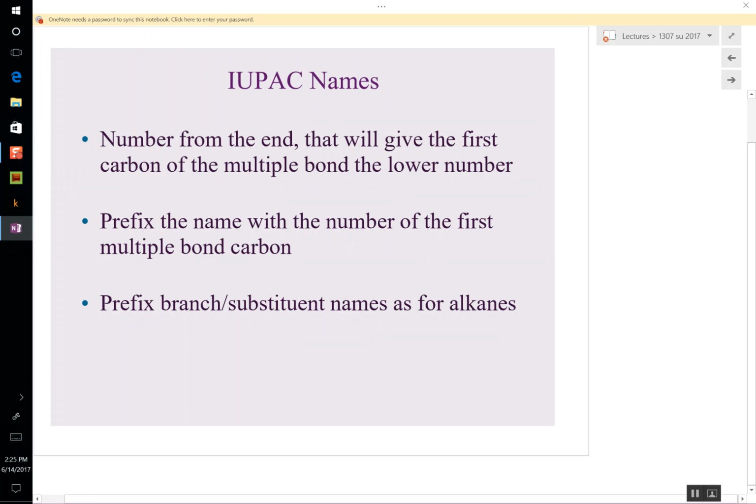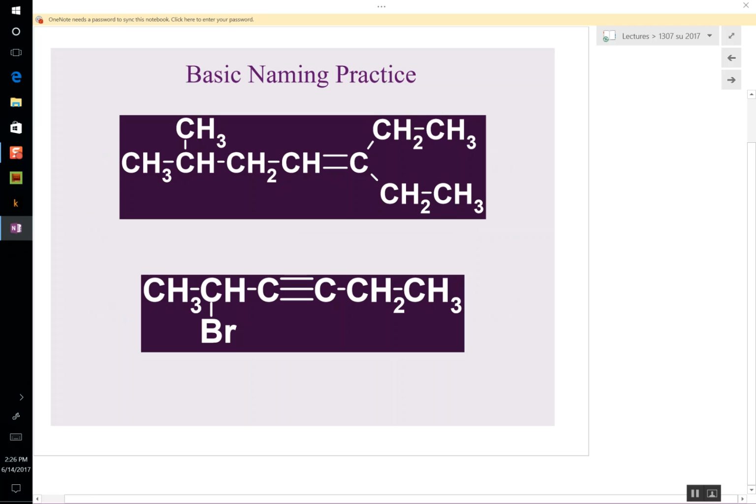IUPAC names. Number from the end that will give the first carbon of the multiple bond the lower number. Prefix the name with the number of the first multiple bond carbon. Example. Okay, rule number 1, find the longest chain. Let's do the top one, the one with the double bond in it.